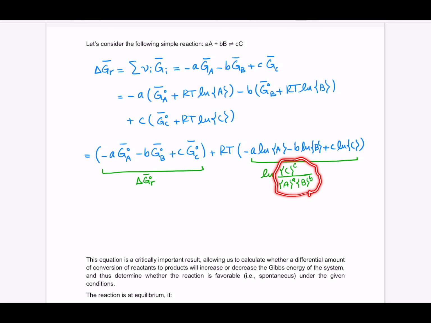Not necessarily. So this is Q. Exactly. So this section would be Q, or the reaction quotient. So what we have eventually is delta G of R for a reaction is delta G of the reaction at the standard condition plus RT ln Q.